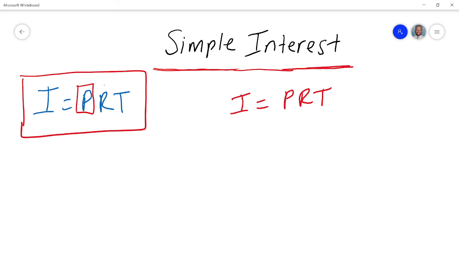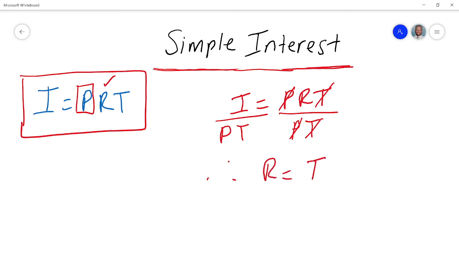This time we want to make R the subject, so we divide by P times T on my right-hand side, and divide by P times T on my left-hand side. So my P's and T's will cancel out because we want to get R. Therefore, R is equal to I over P times T. In other words, the rate is equal to interest divided by principal times your time.